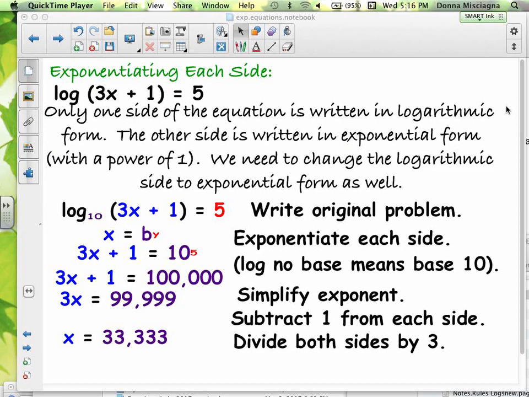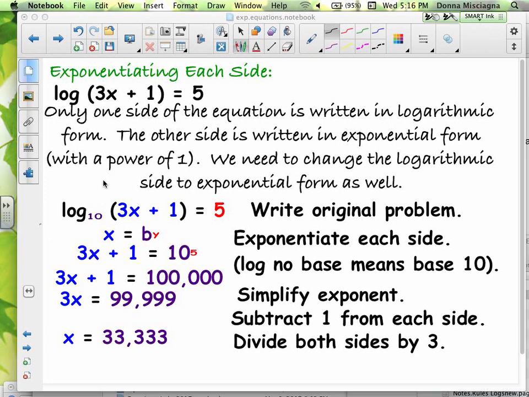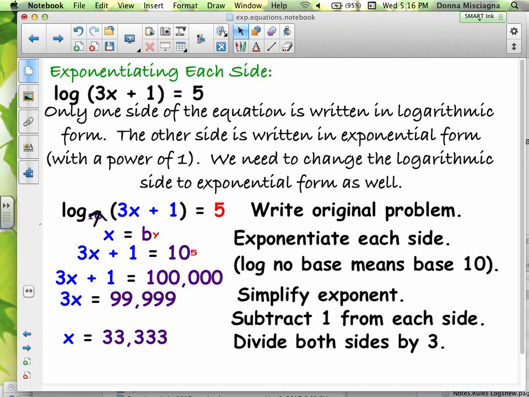So remember that I can't point and have you see it, so I'm going to draw a little arrow here. Now notice there was no base written here, right? No base means 10's the base.